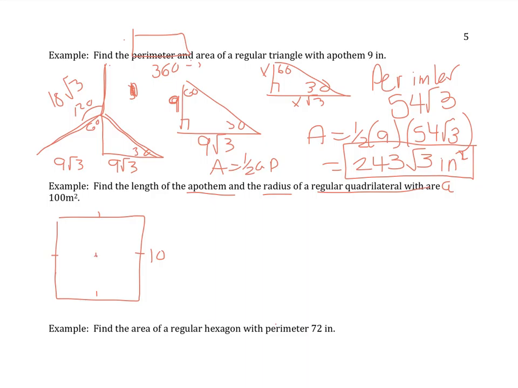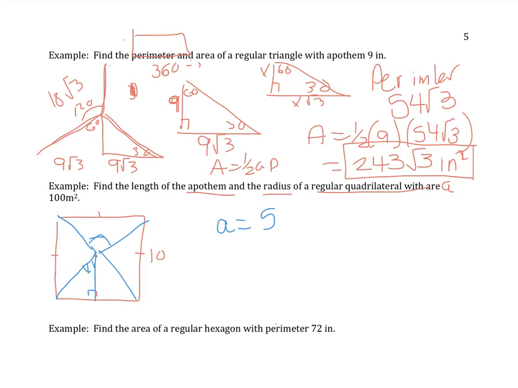And then the apothem would be 5. Now I'm going to find the radius. So we're inside of a square, and each one of these angles is 90.